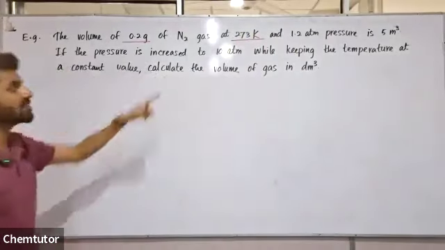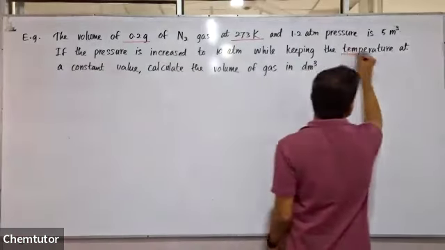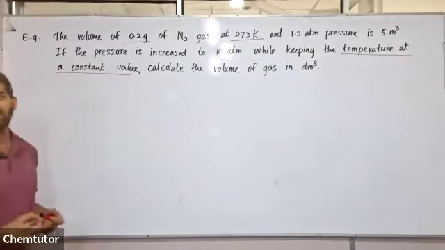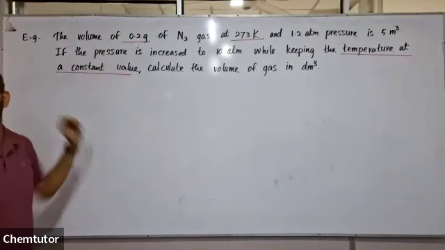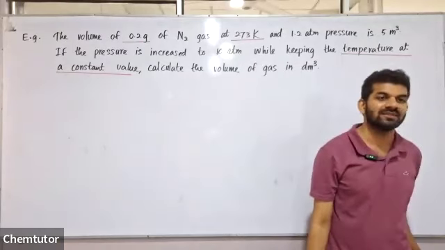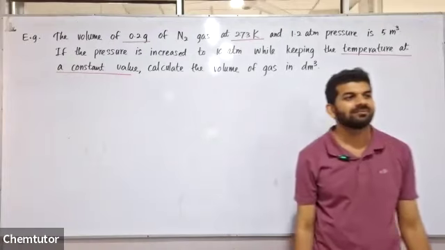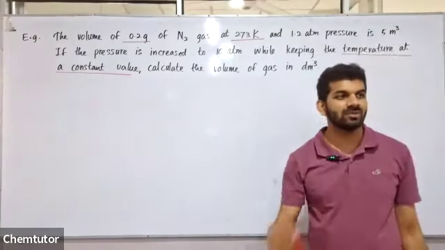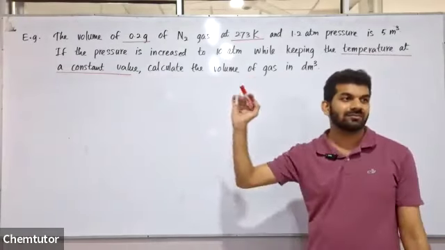If the pressure is increased to 10 atm while keeping the temperature at a constant value. So if the temperature and the amount of substance are constant, what can we say? Yes, we can apply the pressure-volume relationship, that is Boyle's law. Using Boyle's law, no need to write these circumstances, only that part.